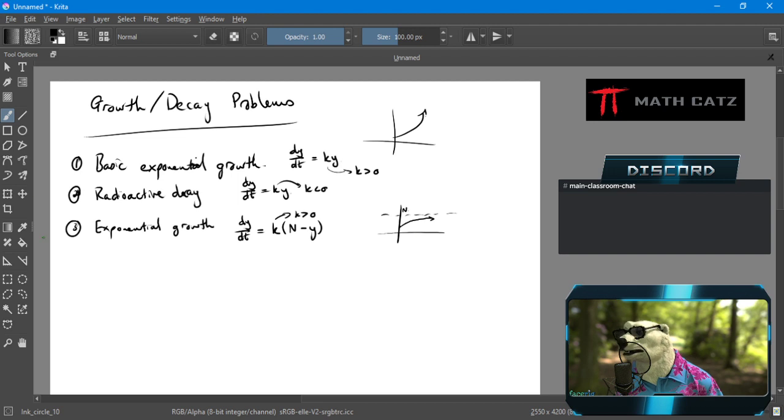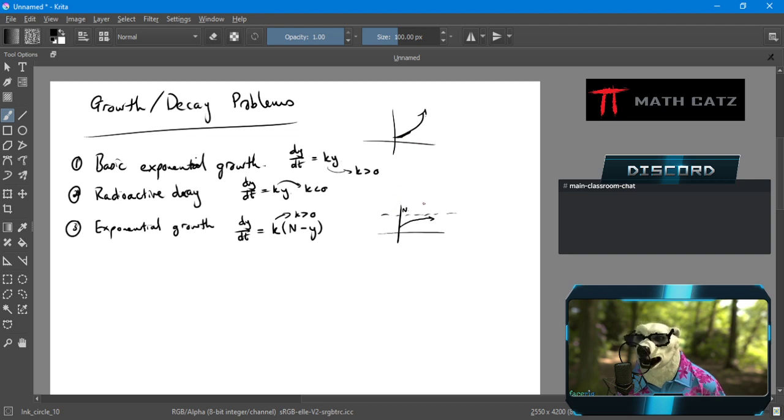So let's put a pin in the pros and cons of one and three, because it seems like together they are the ideal situation. Initially, the things that grow, whatever the specific topic is, bacteria growth, fruit flies, goats in a field, whatever that may be, they don't have any care for capacity in the beginning. They're so far away from it. So the growth would be very similar to basic exponential growth.